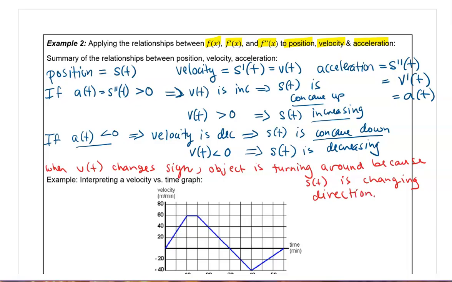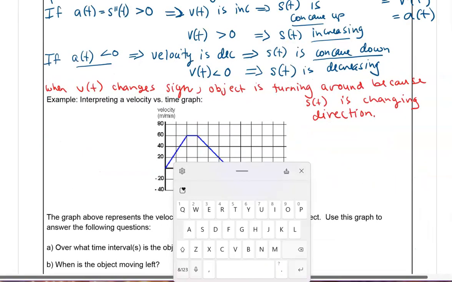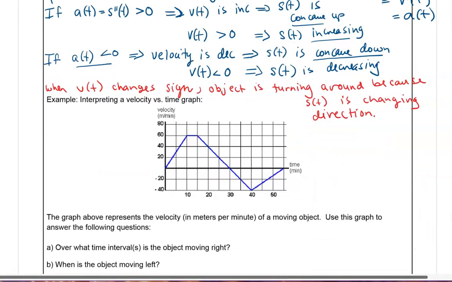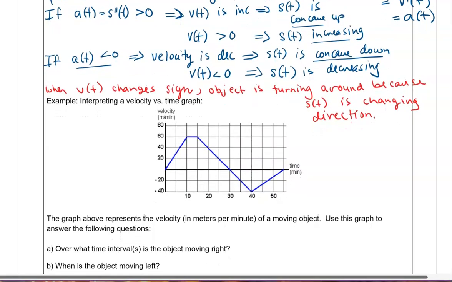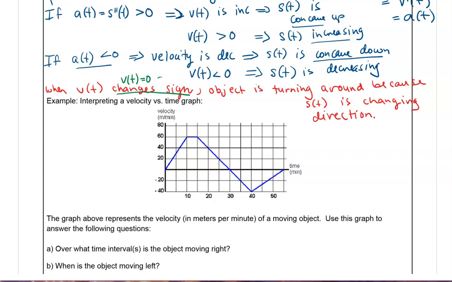Sorry about that. It always runs over to the side. Okay. So that's important, because a lot of times you're going to be asked, when is your object changing direction? And velocity will change sign specifically at places where it's 0 or undefined. And that would be where our object is turning around.